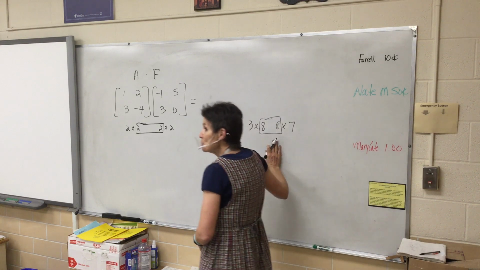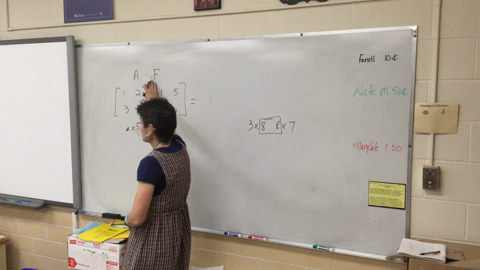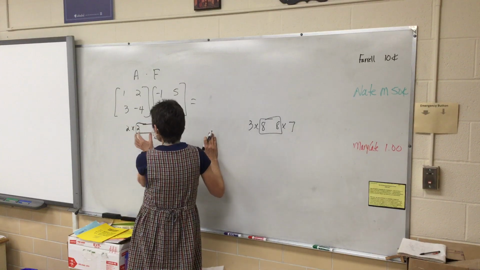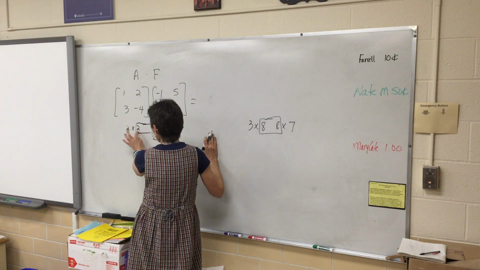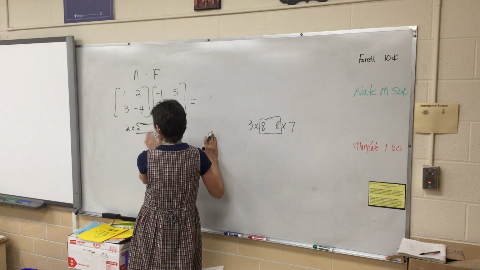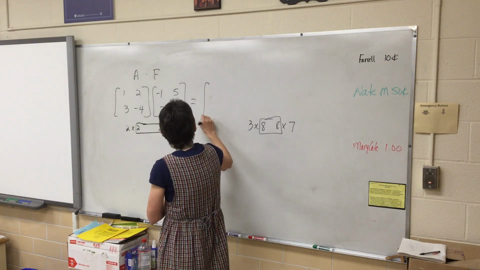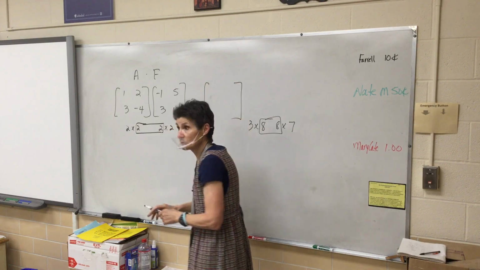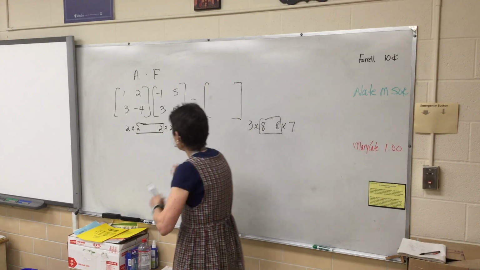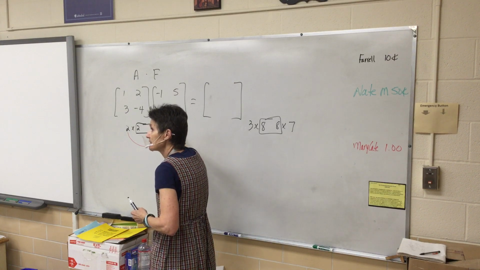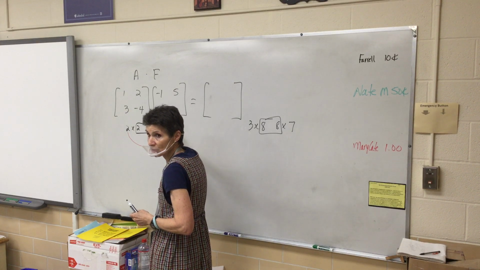Okay? So when you are going to multiply matrices, the first thing you do is check the dimensions. Do these match? The columns of the first and the rows of the second, do they match? They do. Because they do, I can multiply. And these dimensions give you the size of the answer.